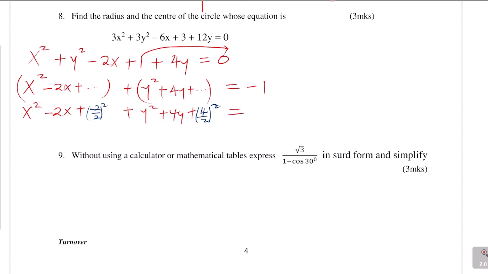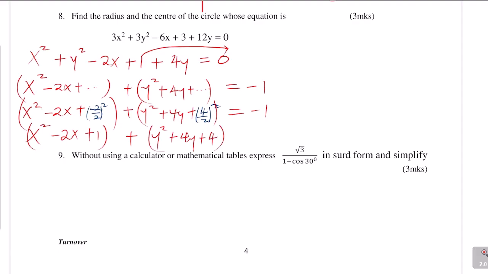So you get x squared minus 2x plus 1, plus y squared plus 4y plus 4. Check whatever you have added in both cases. You have added 1, which should also be added on the other side. You've added 4, which should also be added on the right hand side.